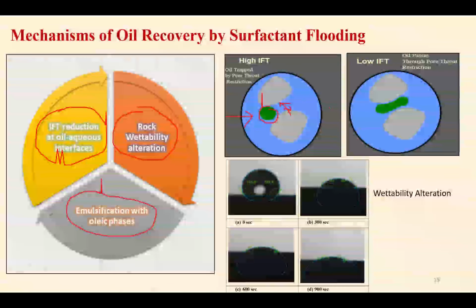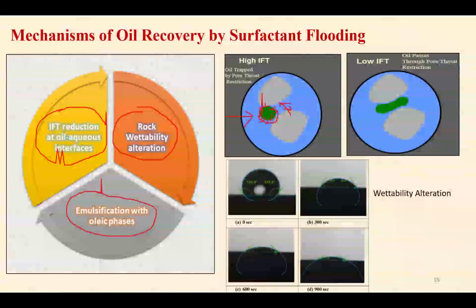And in this case, if we use some surfactant, then what happens? These surfactants are adsorbed at the oil-water interface, as their orientation is, again, the hydrophobic part towards the oil and the hydrophilic part towards the water.